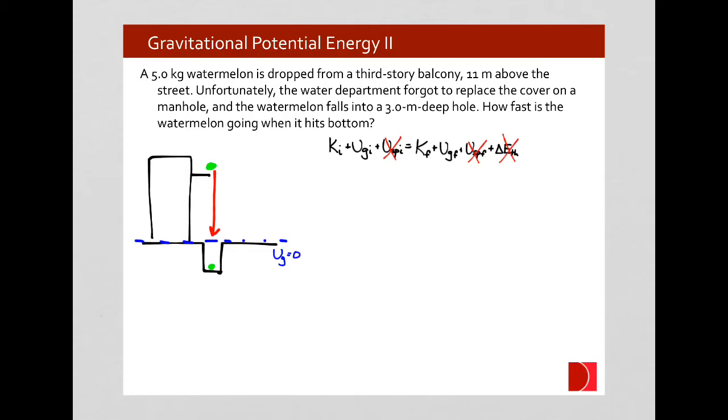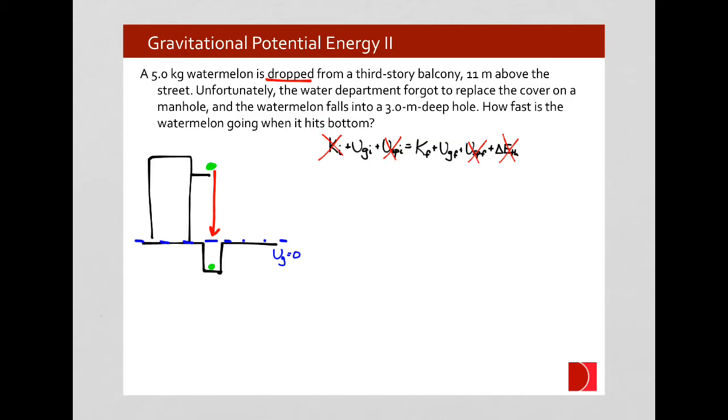We also know that the initial kinetic energy is 0, since we're told the watermelon is dropped from the third-story balcony. So we can assume from that the initial kinetic energy is 0, since dropped means it's not given an initial velocity.